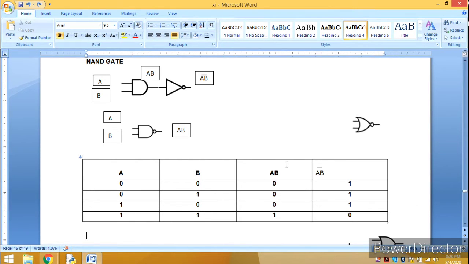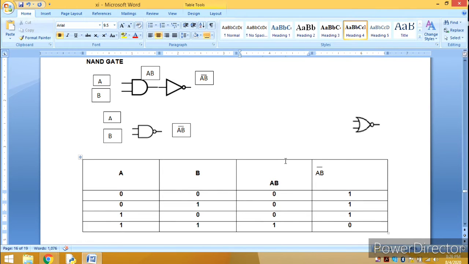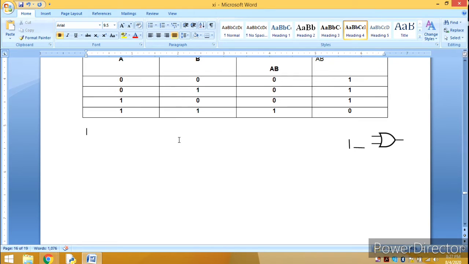Okay, so now the other gate is also there, as we are having the NOR gate. NOR means not of OR.